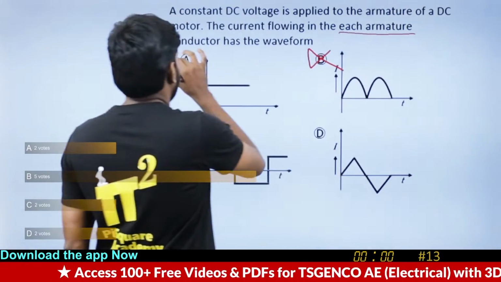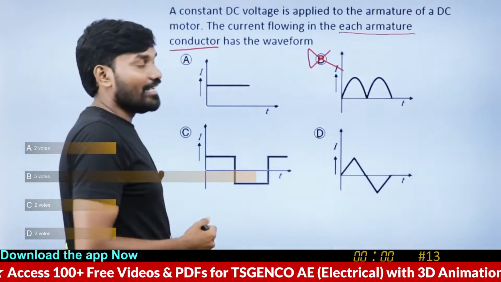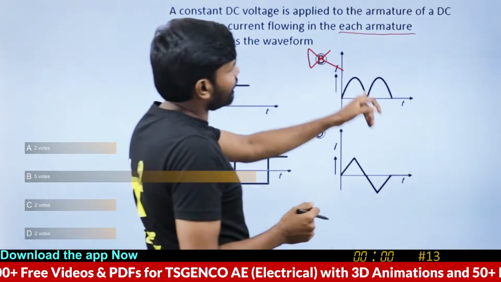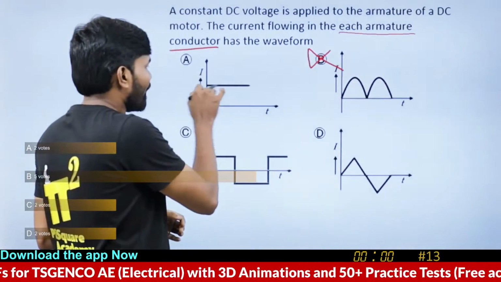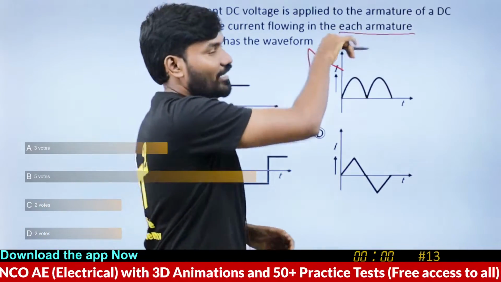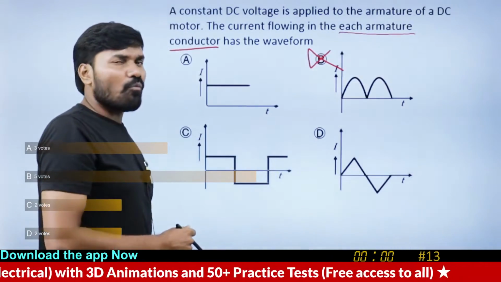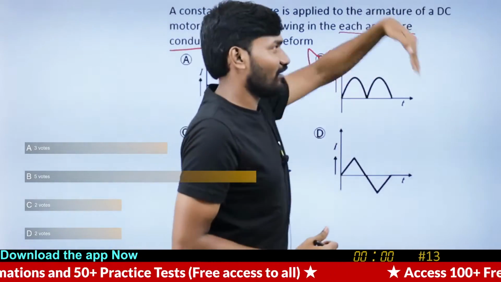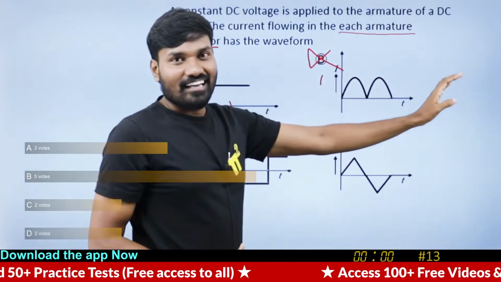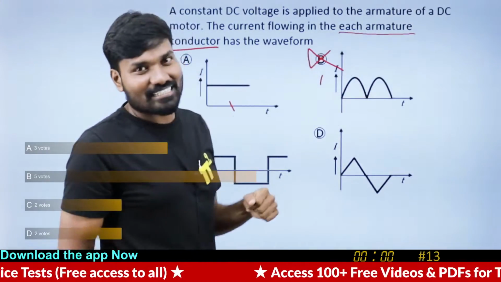each armature conductor. How are you getting this? You are giving a constant input voltage. On what basis will it be like this? See, the commutator is there.